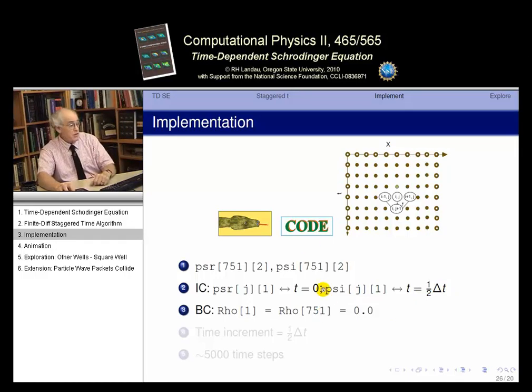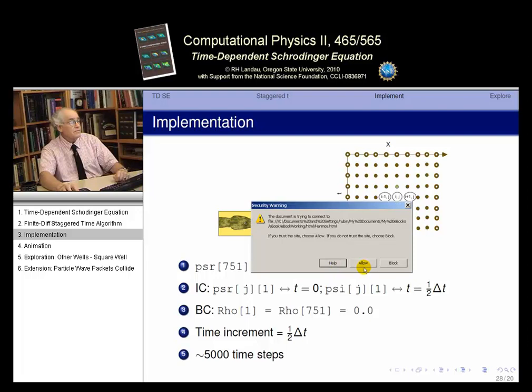For our sample code, on the boundary of the box, the wave function vanishes. You can have others; periodic boundary conditions make sense just as well, making the wave packet continuous so it'll go around in a circle. This makes the wave packet bounce off the walls, so remember that, we'll see it bounce off the walls. And then the time increment is the time step over 2. You need a small time step and a lot of steps, about 5,000 steps.